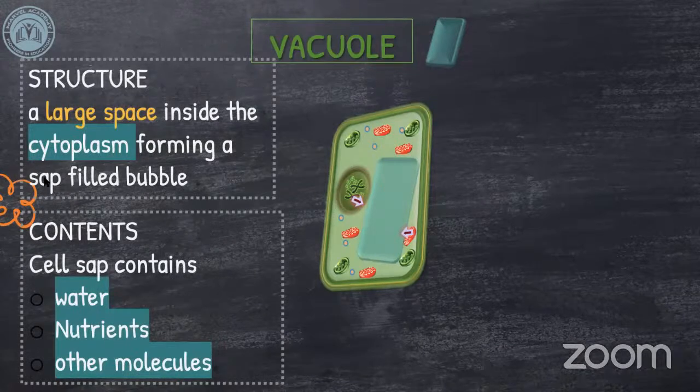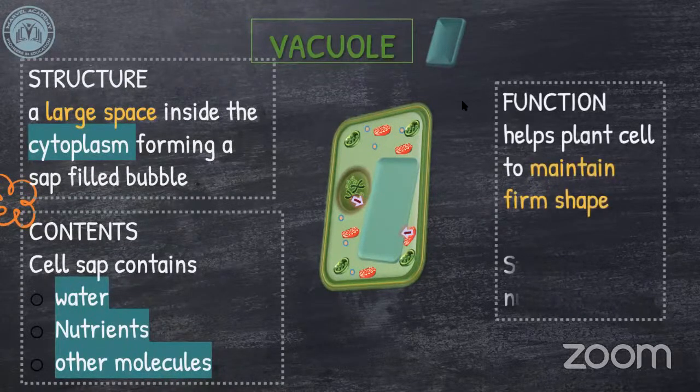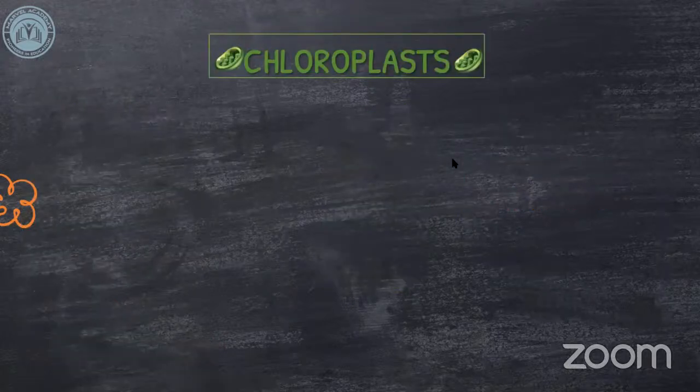What does this cell sap contain? Water, nutrients, and other molecules, like water soluble proteins and so on. What is the function of it? It helps the plant cell to maintain a very firm, rigid shape, and also to store nutrients.